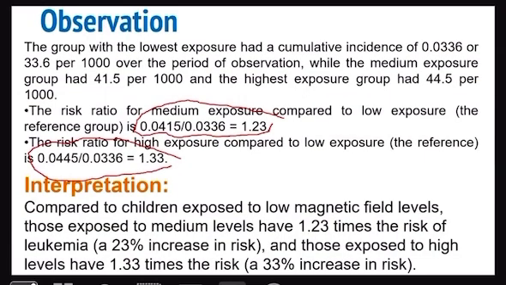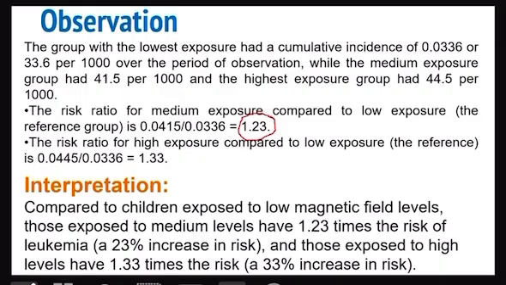At the end of the day, how do I interpret 1.23? When the ratio is the same, that's 50-50. But right now, it is greater. Don't forget you are comparing the medium to low. When you have a value greater than 1, that means the risk is higher in the numerator.